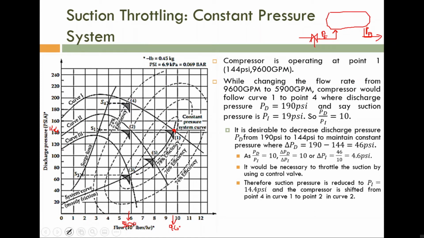So automatically what will happen? The compressor will follow the corresponding curve, that is curve 1, because this point is lying on curve 1. So with respect to the decrease of flow rate, compressor will follow the curve 1 to this operating point, where corresponding to 5,900 flow rate, the pressure is 190 psi.